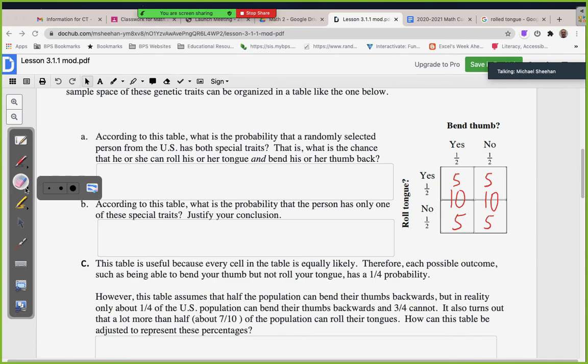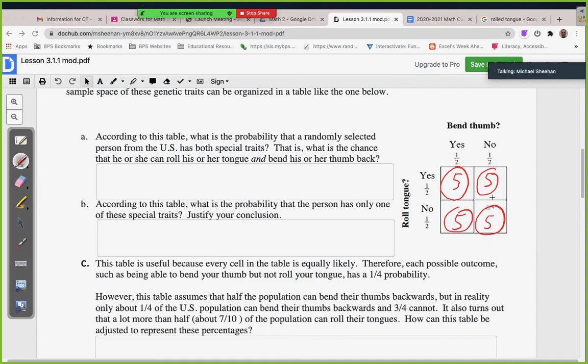Right? So there should be, let me erase this for a minute. So there should be 5 people that can do both. There should be 5 people that can roll their tongue and can't bend their thumb. There should be 5 people that can't roll their tongue but can bend their thumb, and there should be 5 people that can't do either thing.